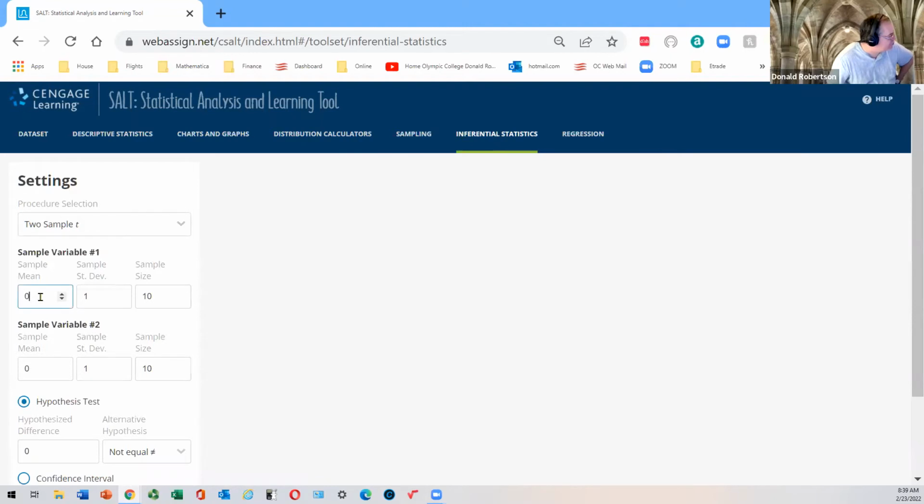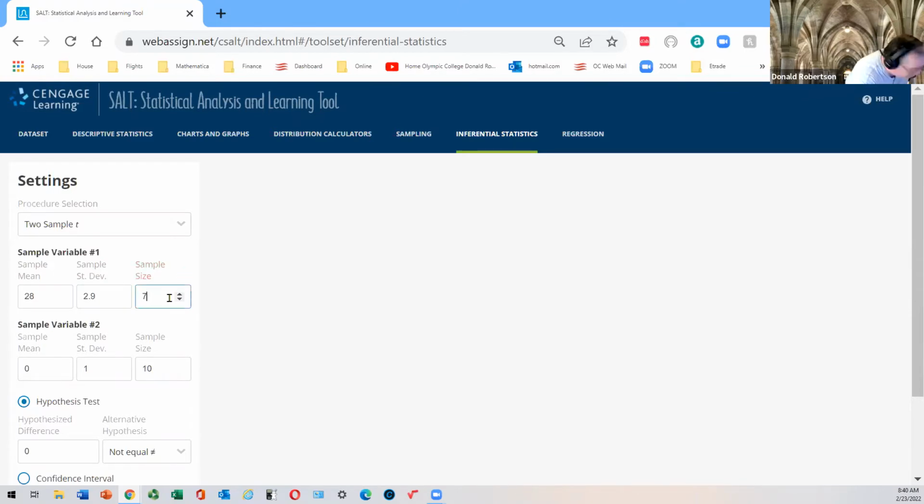The first guy was men, and what did we have in men? We have 28 was the mean. The standard deviation for men was 2.9. And after me telling you all that hard work about how to calculate degrees of freedom, you see here, you just type in the sample size.